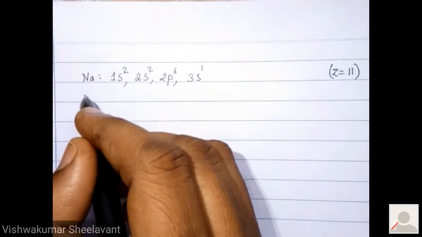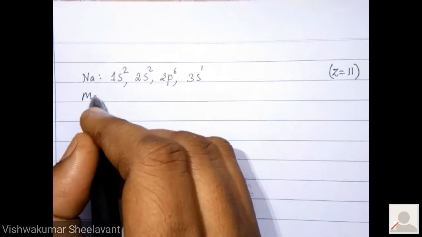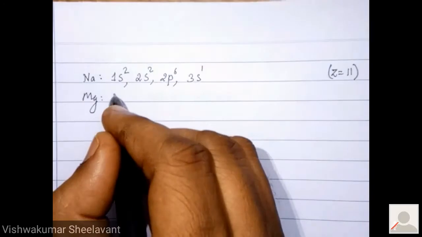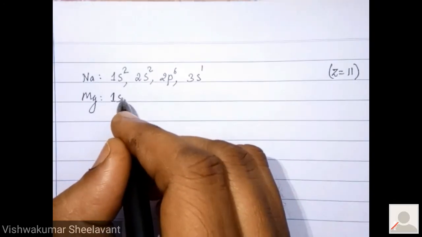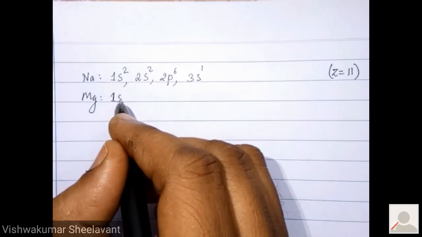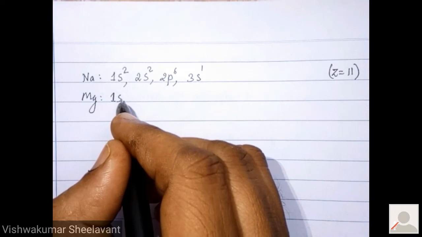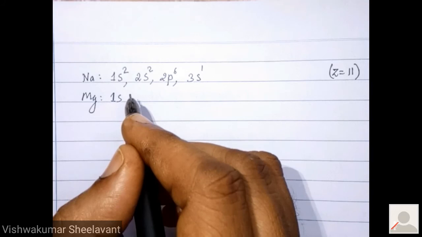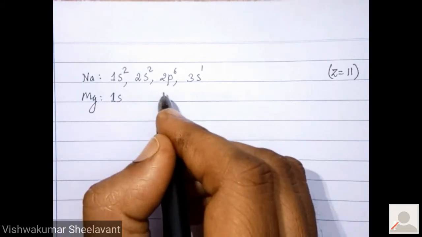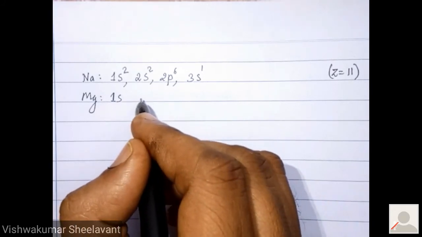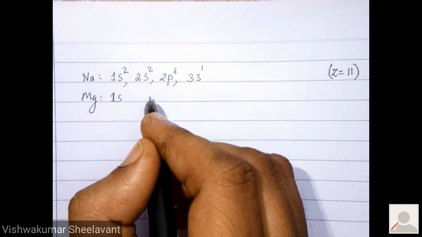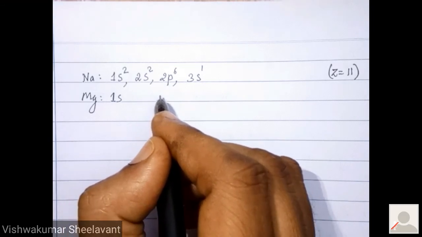Next is what? Magnesium. As you wrote the electronic configuration for lithium, beryllium, boron, carbon, nitrogen, oxygen and fluorine, you have to write here for sodium, magnesium, aluminum, silicon, phosphorus, sulfur and chlorine.